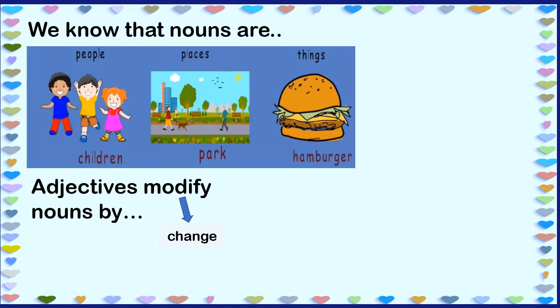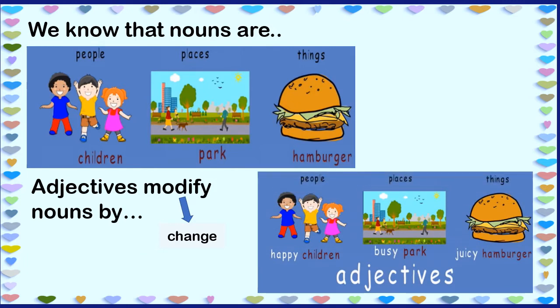It makes it more interesting for a reader, or it makes it more interesting when you speak. So there we modified the nouns. We wrote happy children, busy park, juicy hamburger. That gives you a clearer picture in your mind of what each of those nouns would look like or would be like.